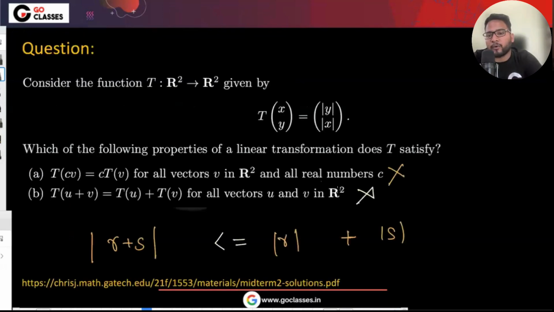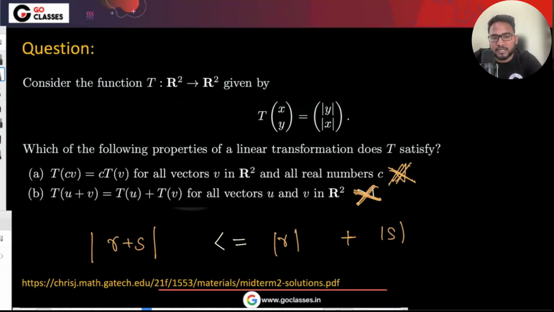Have you understood why this is not a property that it is satisfying? Because it may also subtract depending on the signs of u and v, right? Should I explain it more, or is it okay? Let me know. I can explain if anyone is having a problem. You don't have to hesitate, just let me know.